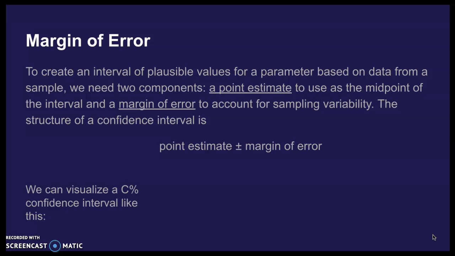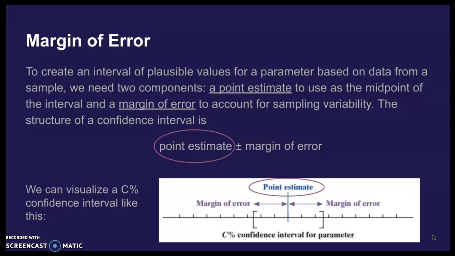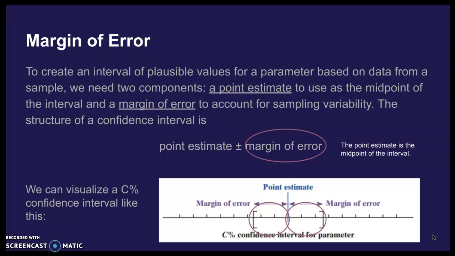We can visualize a C% confidence interval like this. The point estimate is at the midpoint, and the margin of error is added and subtracted from that midpoint to create the interval.